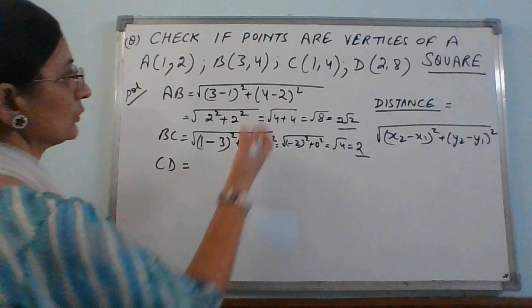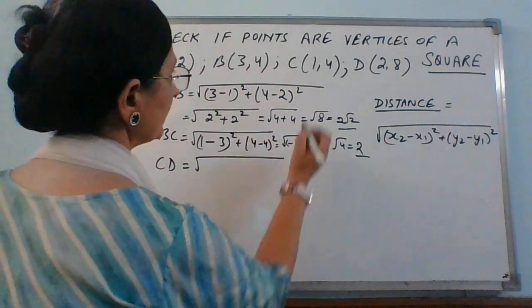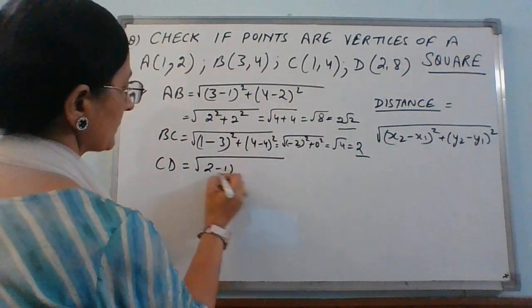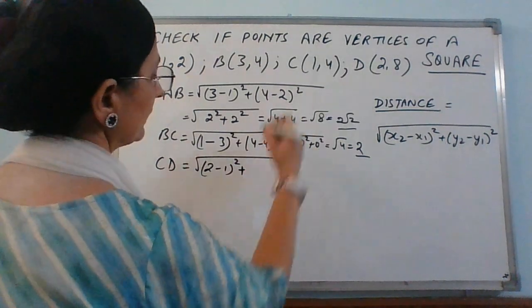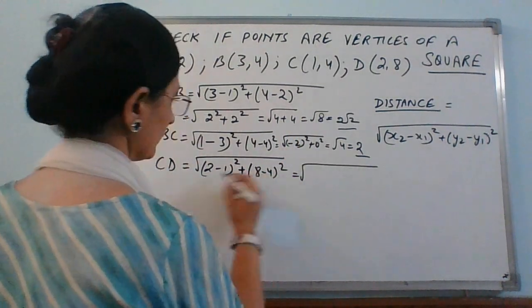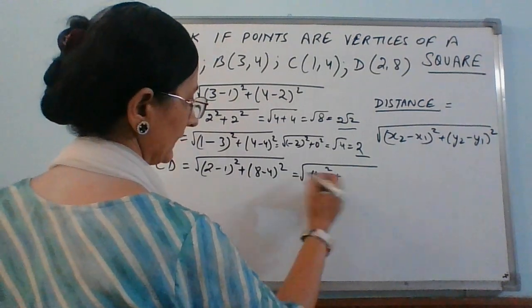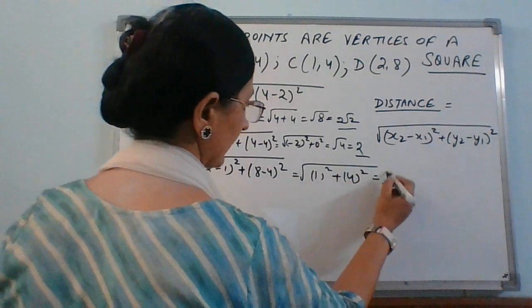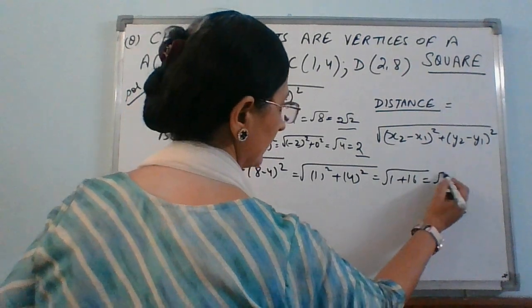You can find out CD also and DA also. Let us find CD. In CD, 2 minus 1 square, x2 minus x1, and 8 minus 4 square. So the answer will be 2 minus 1 is 1 square, 8 minus 4 is 4 square, then it becomes 1 plus 16, root 17.